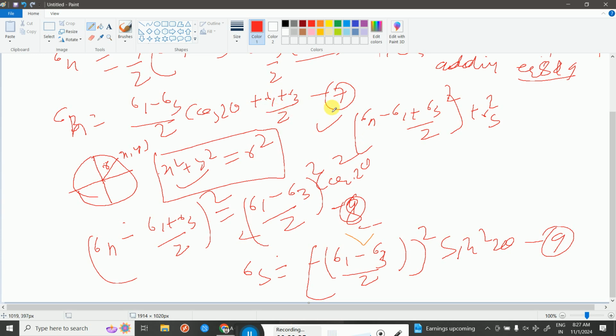Now adding this 8 and 9, here this is cos square 2 theta plus sine square 2 theta, and the common term is sigma 1 minus sigma 3 by 2 whole square.